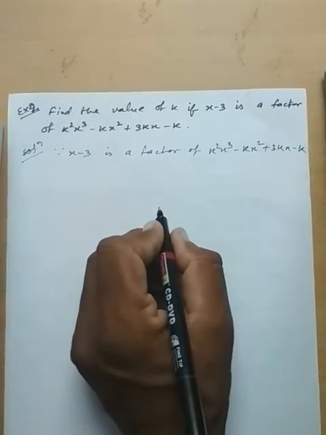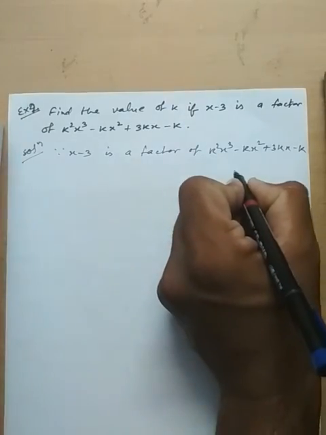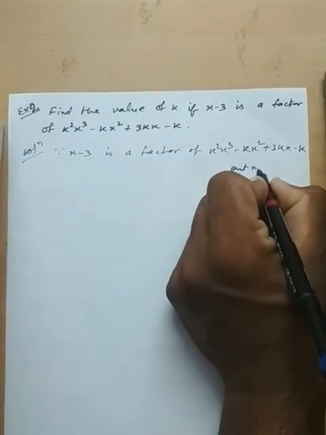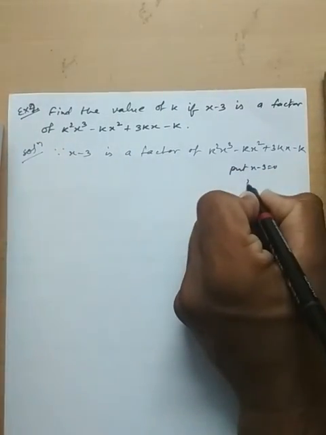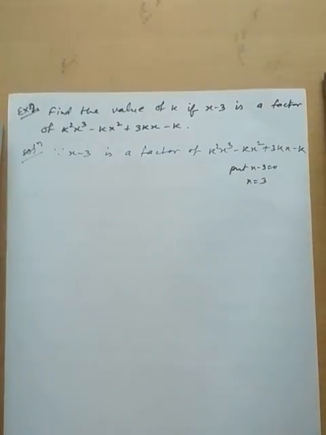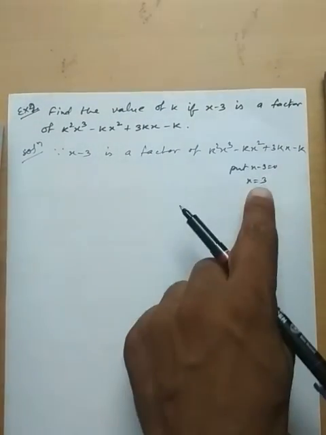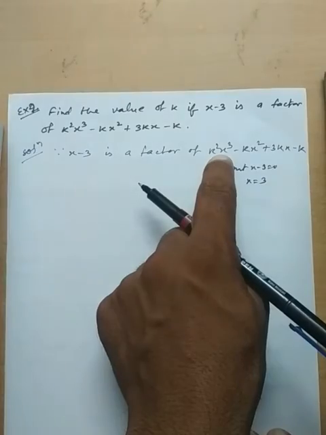For finding the remainder, first of all find the zero. So put x minus 3 equal to 0, then x equal to 3. So x equal to 3 is a zero. So put x equal to 3 in this given polynomial.